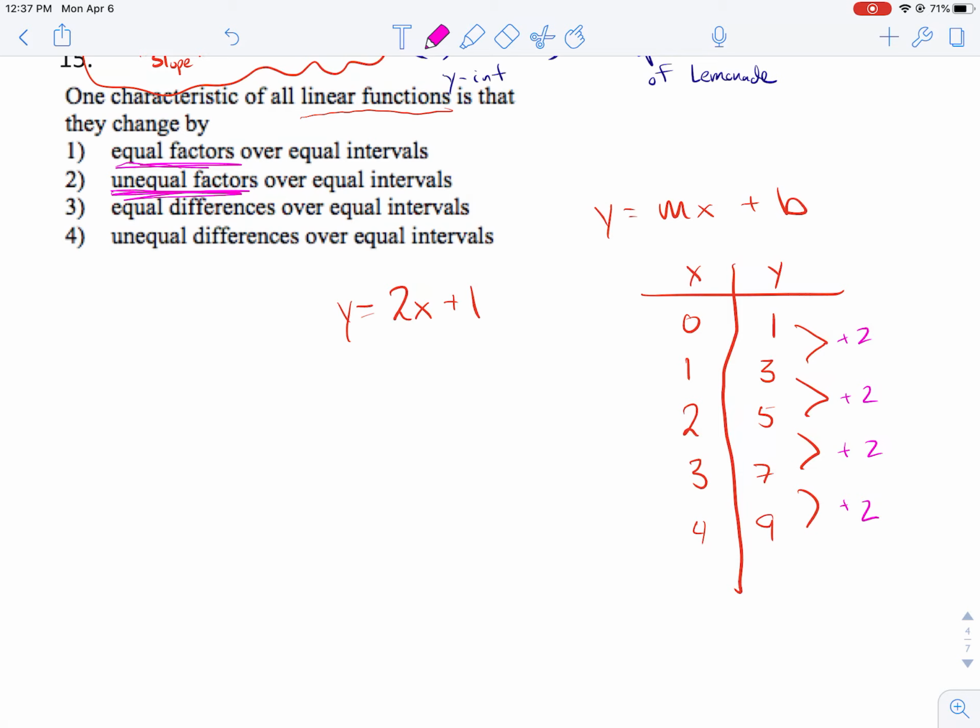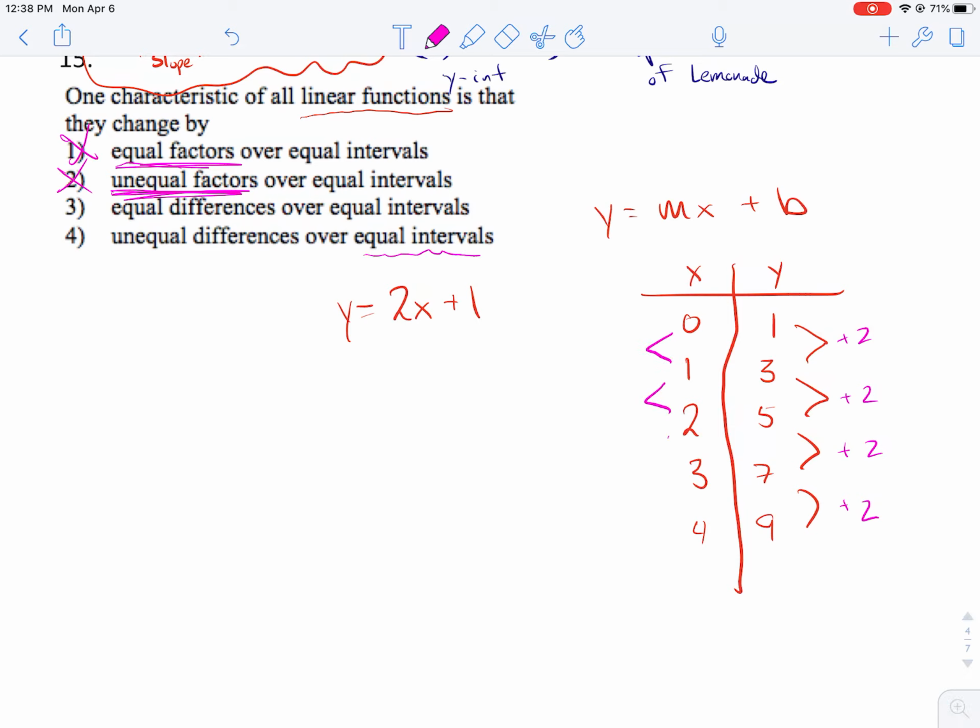So let's talk about options number 1 and number 2. When we're talking about factors, we're talking about multiplication. So are we multiplying each time here? No, we're adding each time. So 1 and 2 are definitely out, because we're not talking about factors. We're not multiplying here. So it has to be 3 or 4.